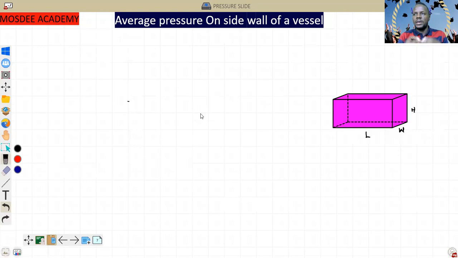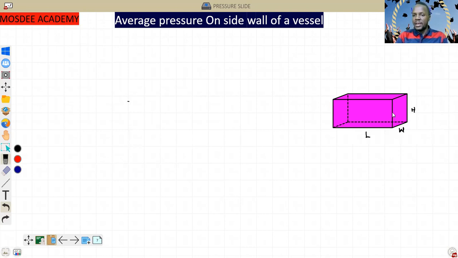So here we should understand that I'm going to use our knowledge of integration to derive the formula, and I will only take one side. Let me consider maybe this side. I just want to take an elemental strip. That is the way we do it. You can watch videos that explain the concept very well.